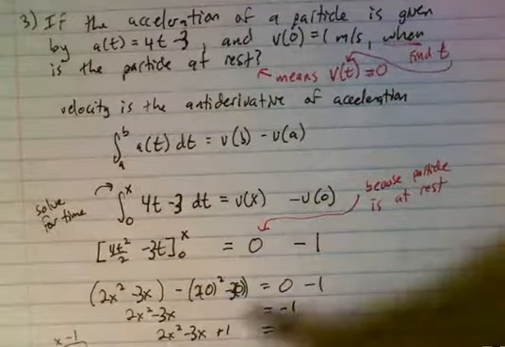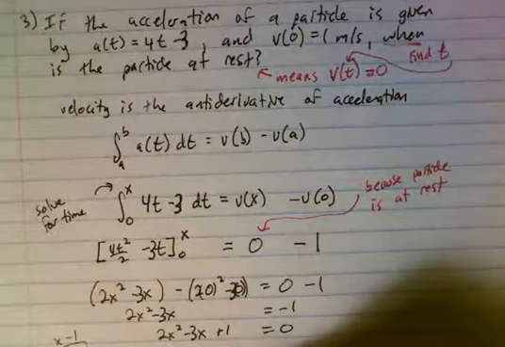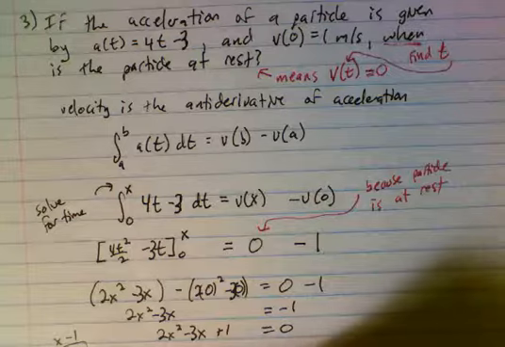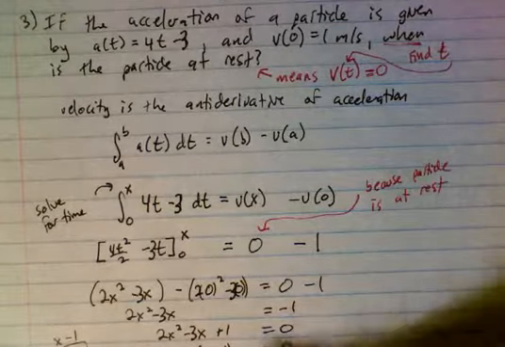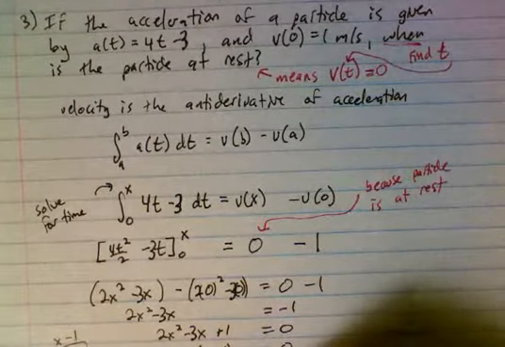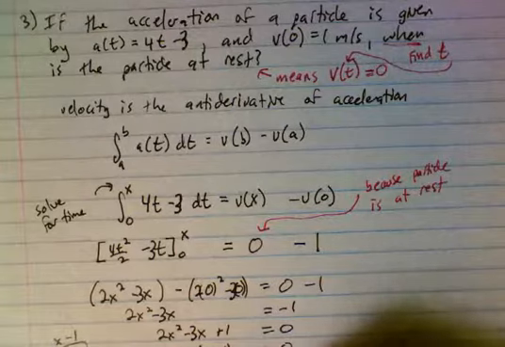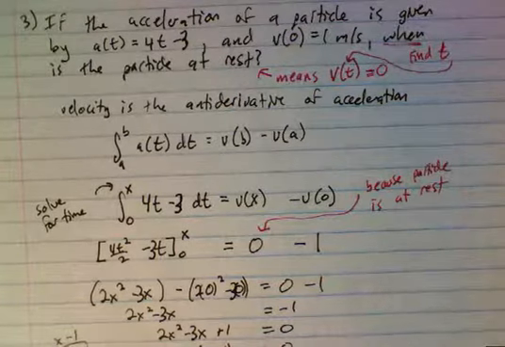There we go. So when I factor that, 2x minus 1, x minus 1 equals 0. So x equals 1, x equals 1 half.